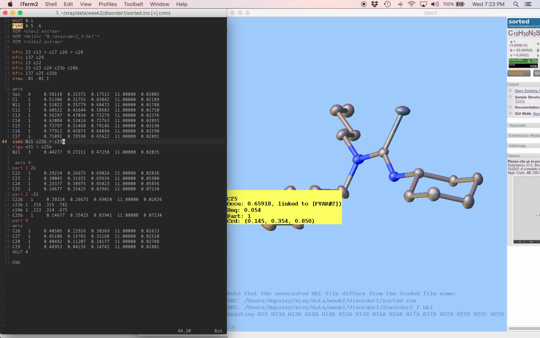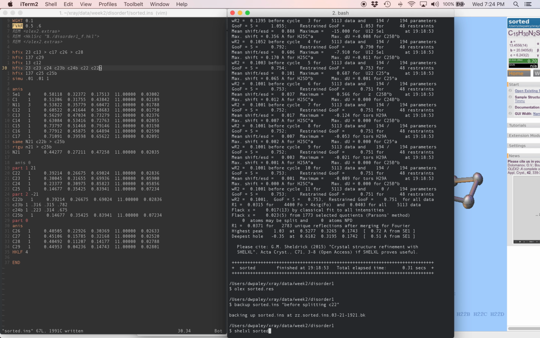All right, and the hfix instructions that we wrote at the top of the file, now we have 2 positions of C22, and we're going to hfix both of them. I'll save this, run the refinement.